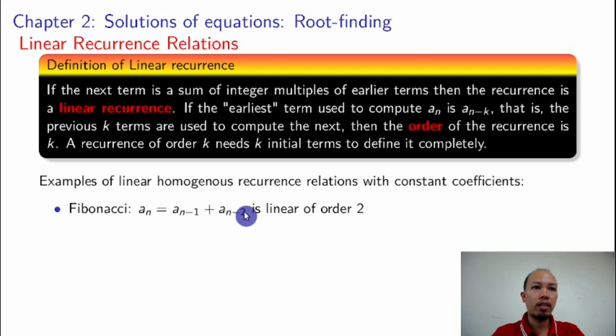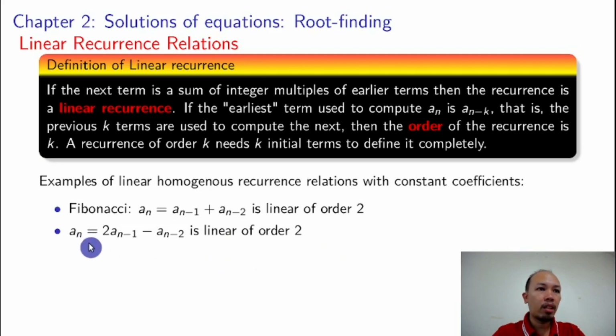For the second sequence, a sub n, this is also linear of order 2, though as you can see here, there is a constant after the n minus 1 term.